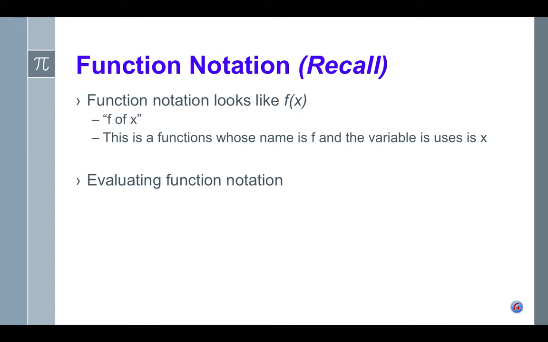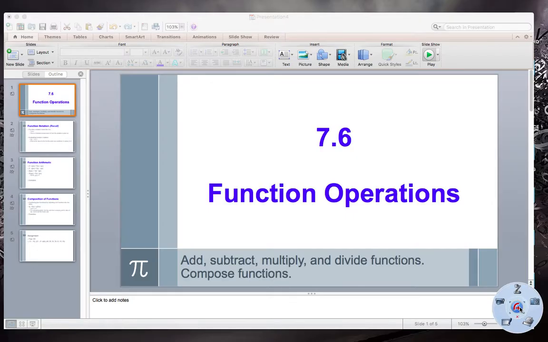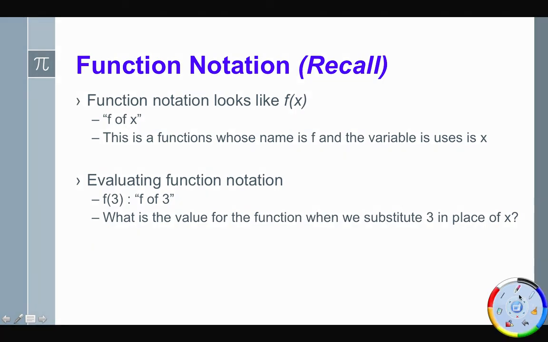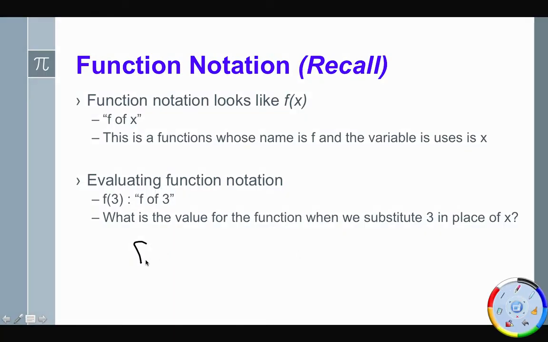When we evaluate using function notation, this f parentheses 3 means f of 3, and essentially what we are asking is what is the value of the function when we substitute 3 in place of x. So if we were to look at an example, let's name a function f of x is equal to 3x minus 7.